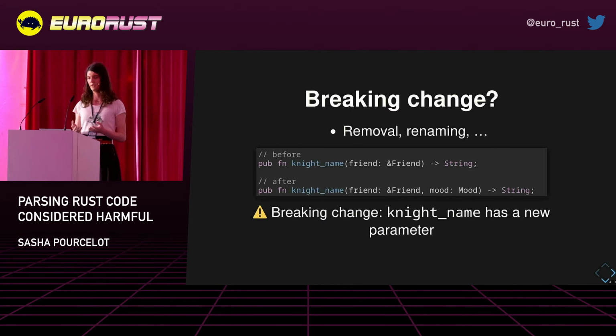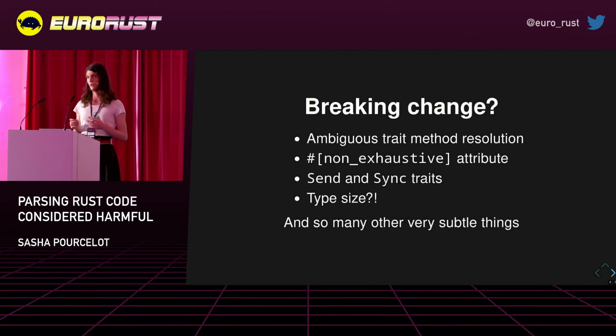So in this very concrete example, night_name has a new parameter. It is a breaking change, so it must result in a proper semantic versioning upgrade. This is not always that easy.